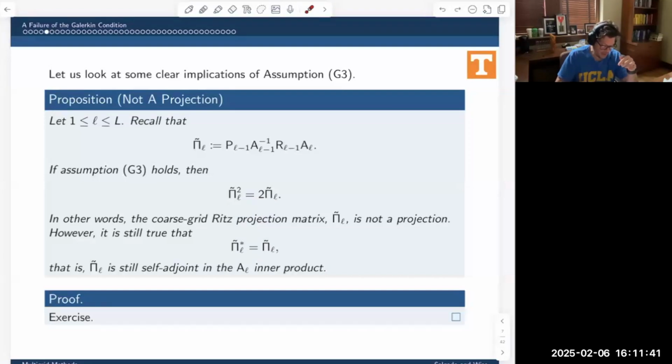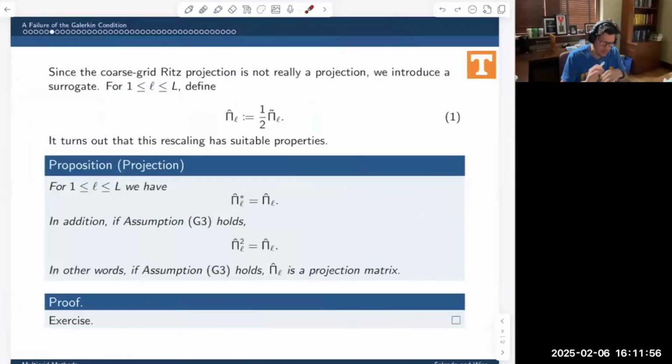However, let me not get too far ahead of myself. It is still true that it's self-adjoint with respect to the A_L inner product, or symmetric with respect to the A_L inner product. But if we redefine things in a slightly different way, we define this thing called the pi_L hat matrix as 1/2 of the pi_L tilde matrix. That thing is, firstly, self-adjoint with respect to the A_L inner product.